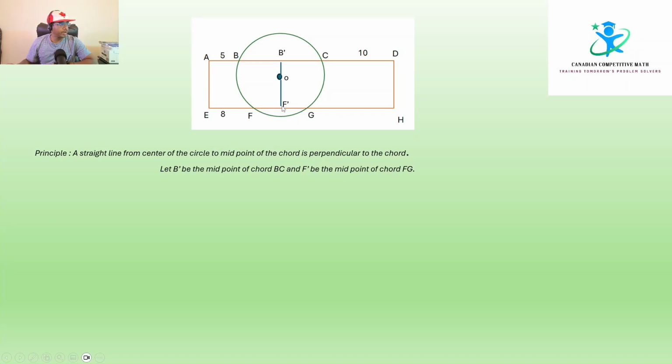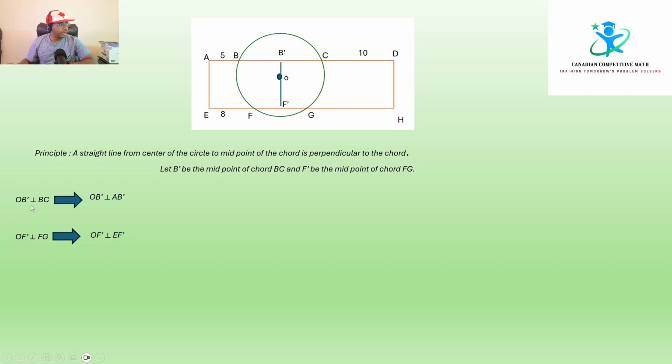Similarly, OF' is perpendicular to FG. Okay, so we know the principle, and let us look at what follows. We deduce that OB' is perpendicular to BC and OF' is perpendicular to FG.